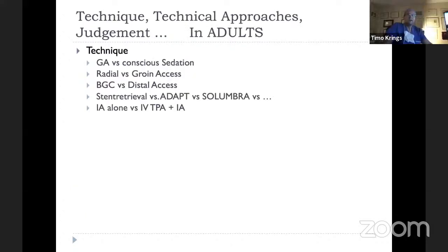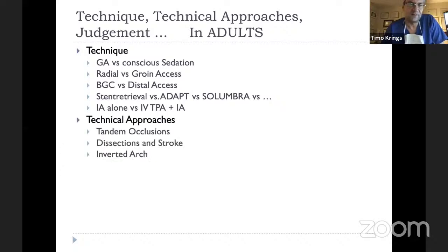For sure. So when we talk about the technique, approach and judgments for ischemic stroke intervention in adults, it's a pretty simple approach, and there are only very few questions that are left unanswered.